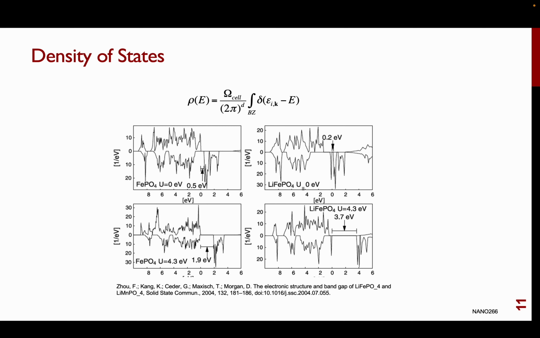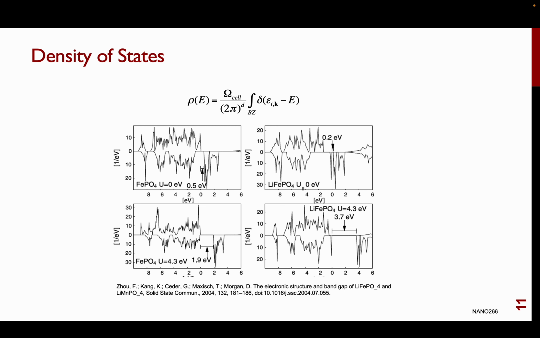The way that we typically represent the occupancy of electrons is using what's called the density of states. Okay, this basically shows you the energy levels, and the density of the states that are occupied by electrons, for each energy.